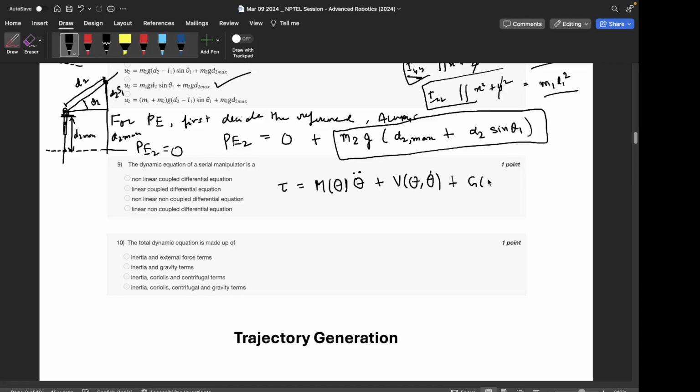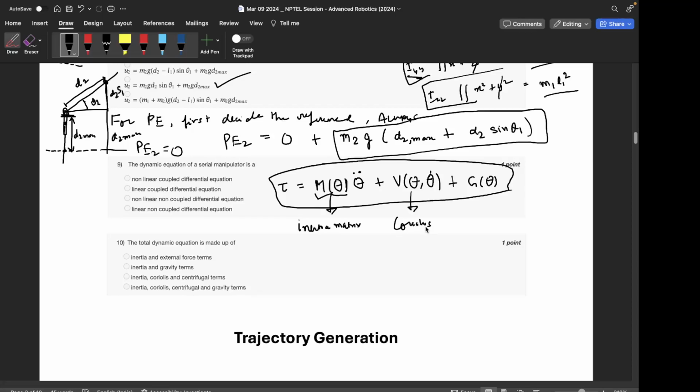This is the inertia matrix. This is the Coriolis and centrifugal terms, and these are the gravity terms.